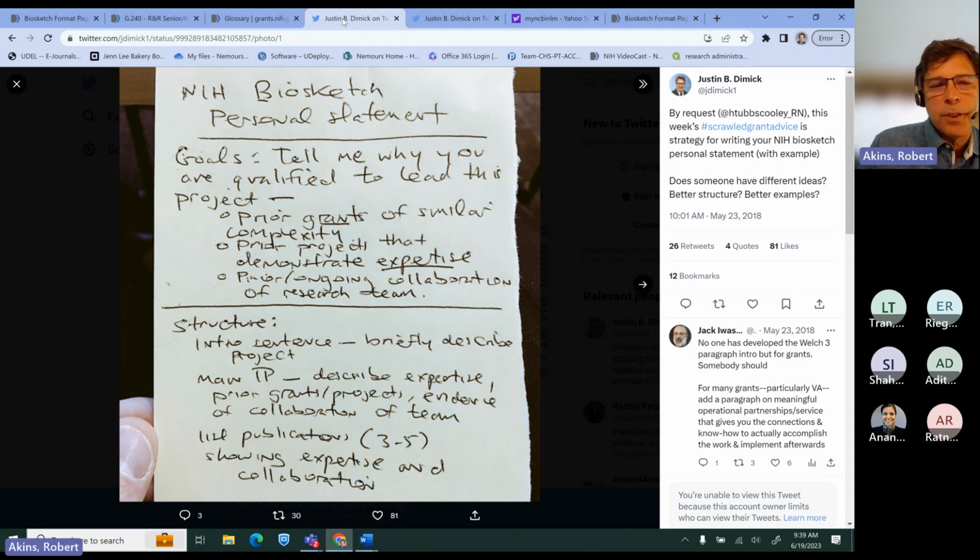This one suggests briefly introducing or describing the project, what you're applying for right now, and then in the main paragraph, which is supposed to be a single paragraph, describing your expertise, your prior work, your collaborators and team. You can list 3 to 5. You can actually only list 4, so just take the average of those two, and those highlight your expertise and your collaborative efforts.